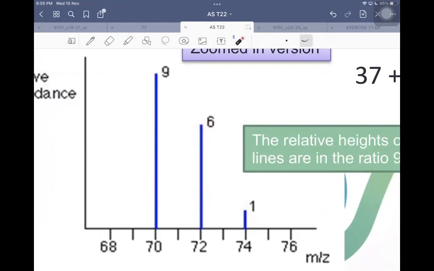Whereas the 9, I will try: 1, 2, 3, 4, 5, 6, 7, 8, 9. So there are 9 times. That's why the ratio is 9 to 6 to 1. Now, if we convert this into a percentage, it will not be a nice percentage. That's about 9 over 16, 6 over 16, and 1 over 16.